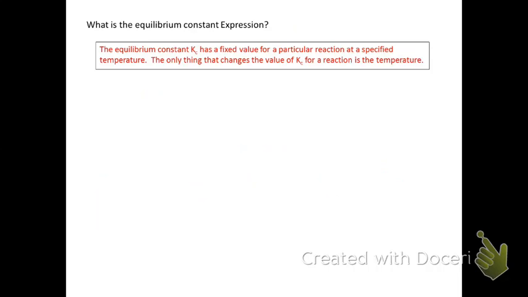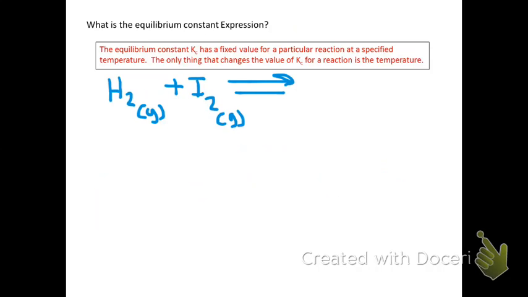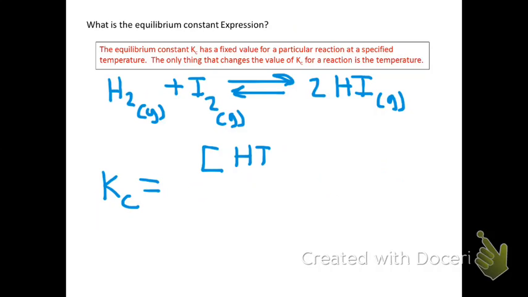Let's say we have a reaction between H2 gas plus I2 gas, and it's going to form a reversible reaction with our product 2HI gas. All right? So the equilibrium expression for this would be Kc for this reaction is equal to the concentration of our product, HI, and that would be the equilibrium concentration.